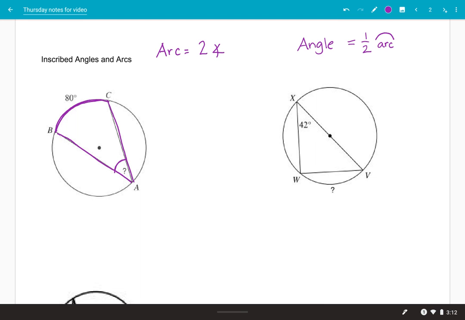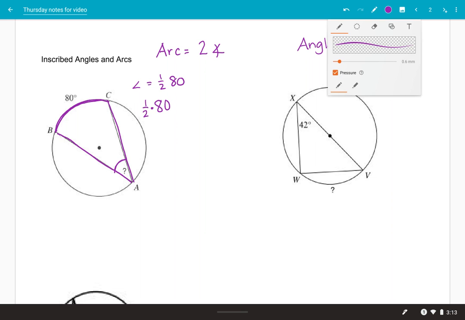Okay, so here we know the arc. So the arc is 80. And the angle is half of it. So if we just do half of it, or you can write it as angle is equal to 1/2 of 80 degrees.